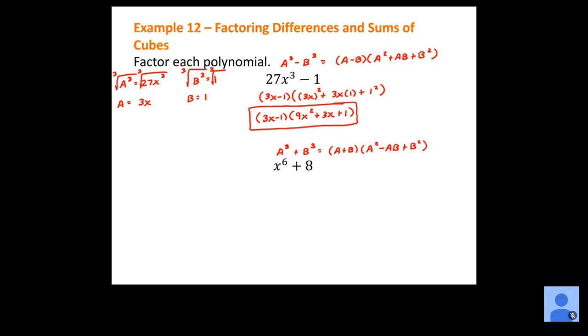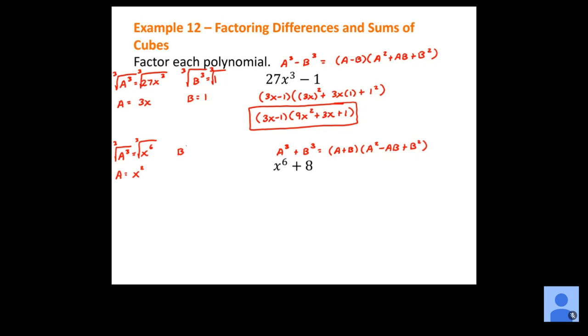So again, I need to know the a and b values so I can substitute into our formula. So I'm going to let a cubed equal x to the 6th power. I'm going to take the cube root of that. So our a value in this case, remember, if you have something that's divisible, you can divide the exponent by the index. 6 divided by 3 is going to give us 2. So this becomes x squared.